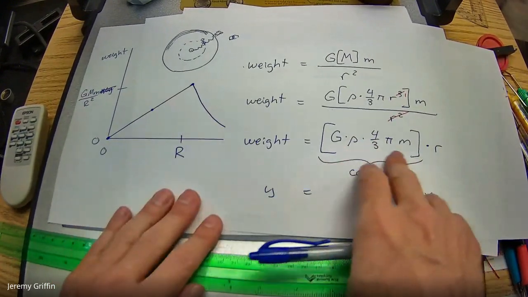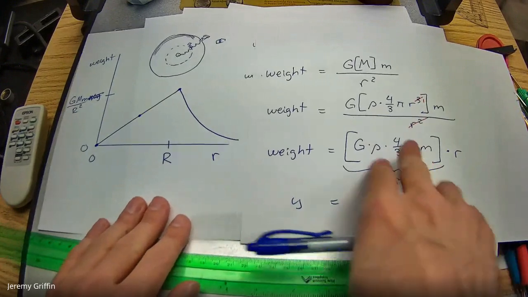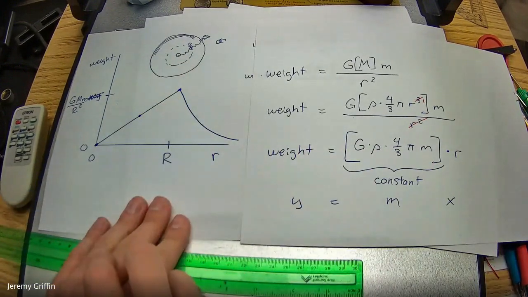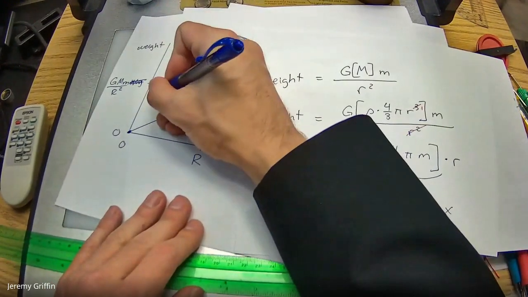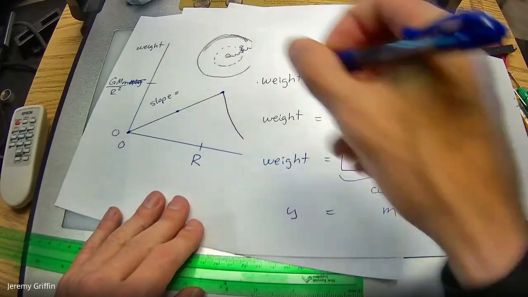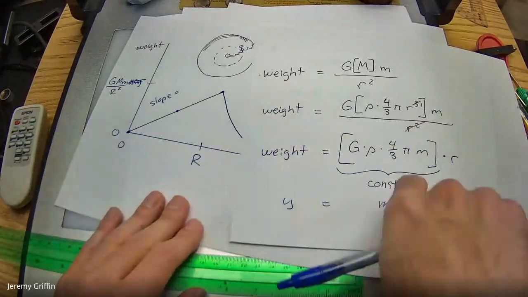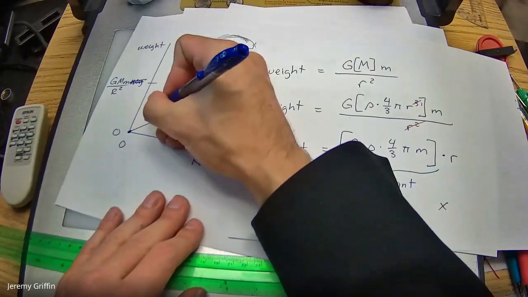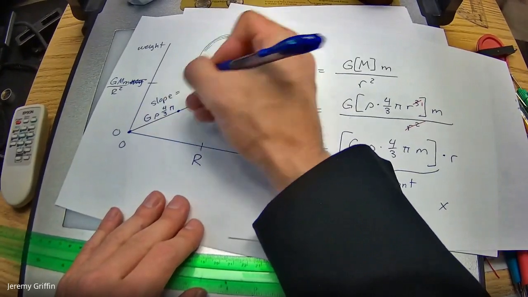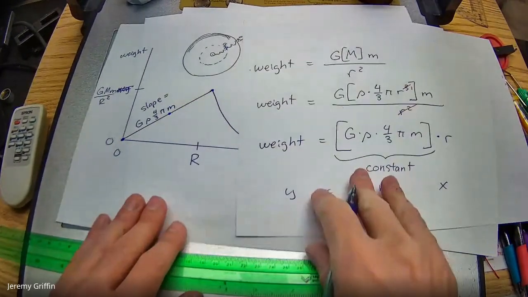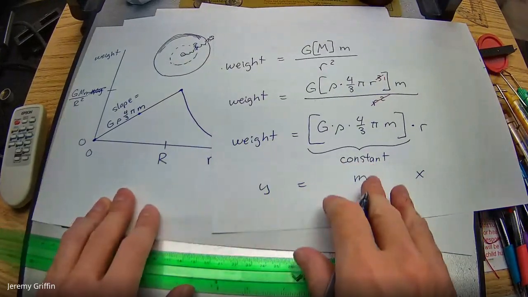So all the stuff in brackets represents what aspect of this graph? The slope of this line. The slope of this line is equal to all that stuff. There's a g, there's a rho, there's a 4/3 pi, and there's your own mass. Okay. There you go.